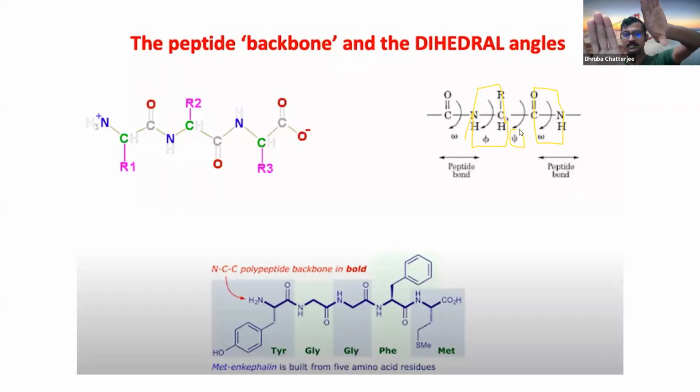Now, if you theoretically think of doing this, then you will say that I can rotate it to any angle, any value of this phi, and all the values should be fine. But actually, that is not the case. Depending on what R group you have here, depending on the bulkiness of the R group, there are some angles where these atoms come too close to one another, and there is something called steric hindrance.